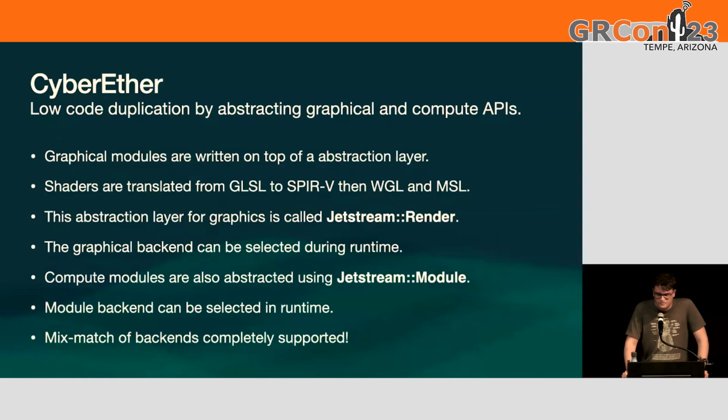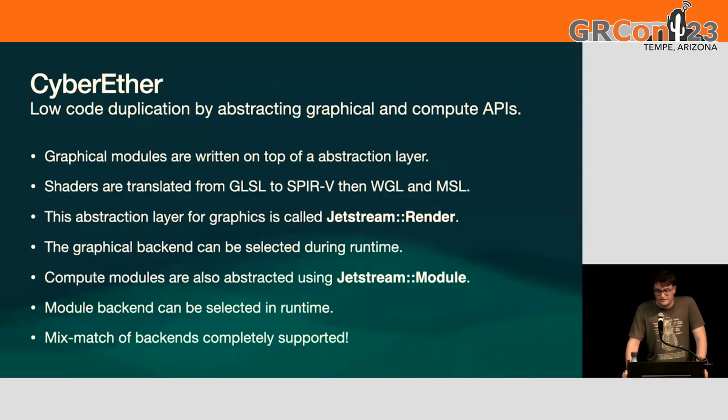It's a very 2D optimized render, so you won't be running AAA games with this render, but it's optimized for your graphing needs. And also, instead of writing a new shader for every single backend, I implemented a transcoding pipeline that takes the GLSL and compiles it to SPIR-V that's used by Vulkan.